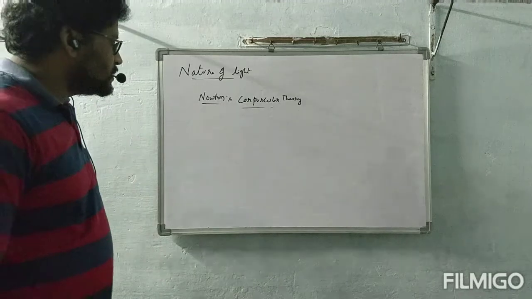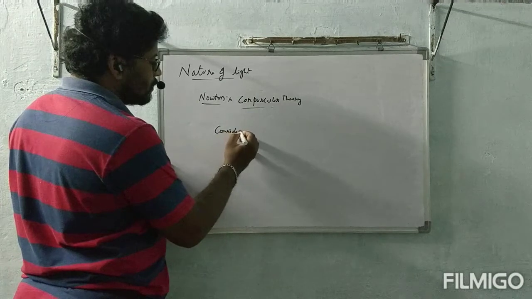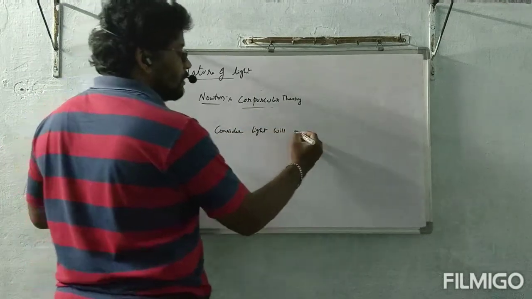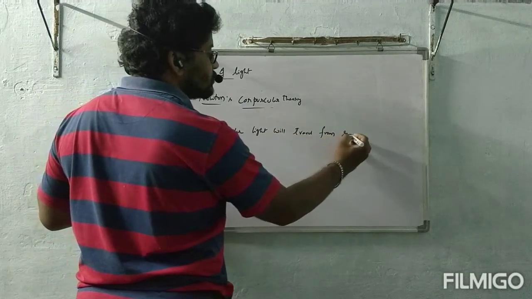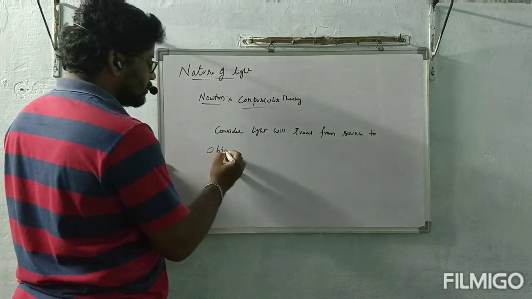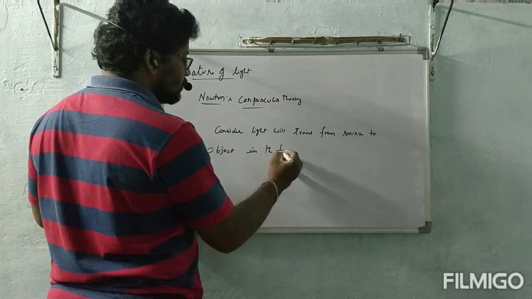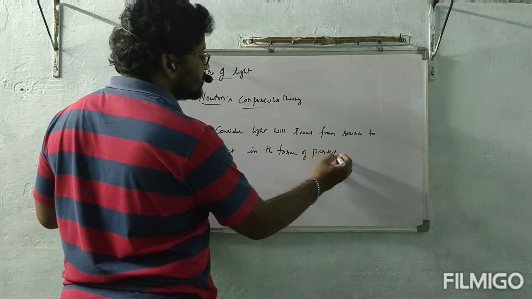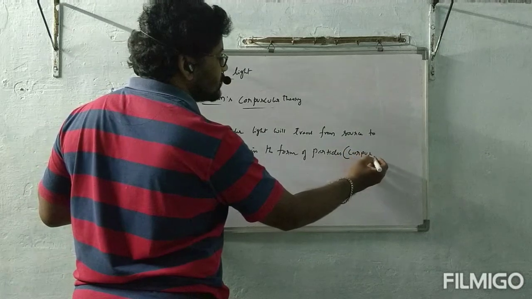According to this theory, Newton considered light will travel from source to object in the form of particles which are called corpuscles.